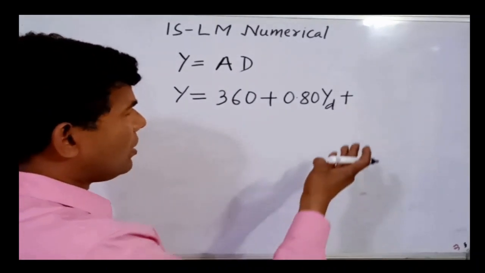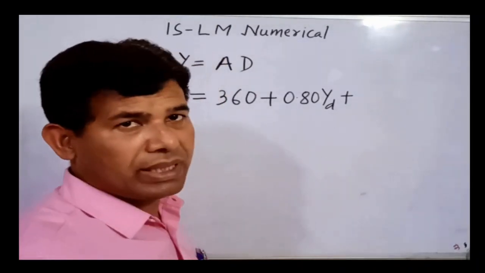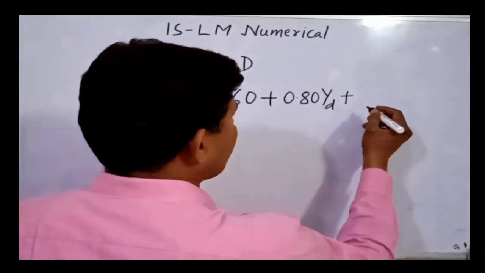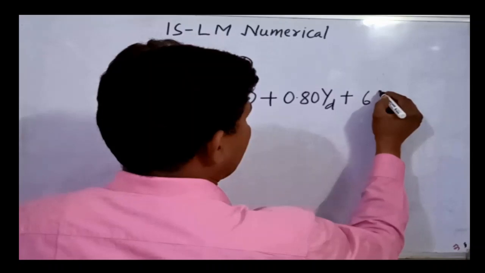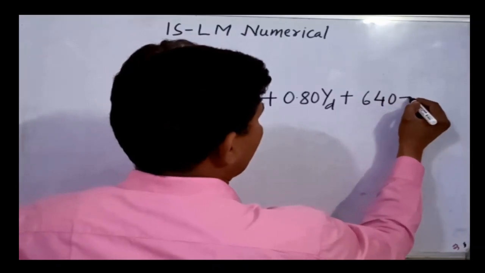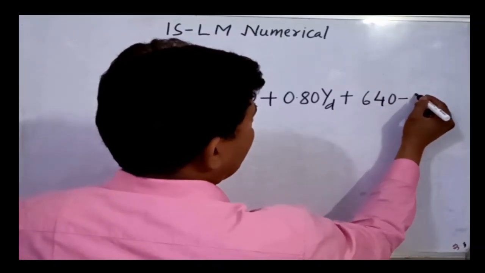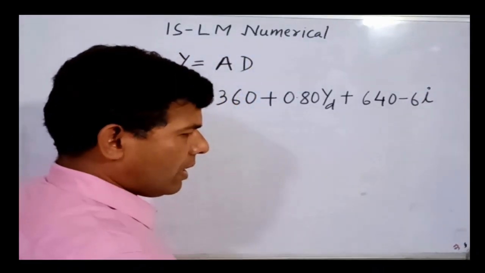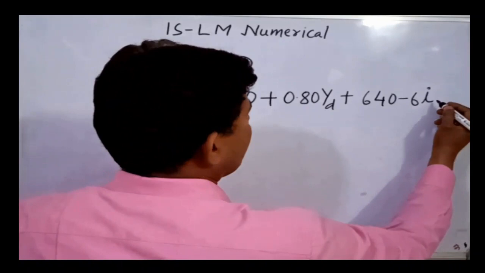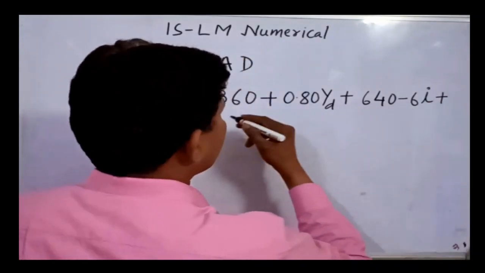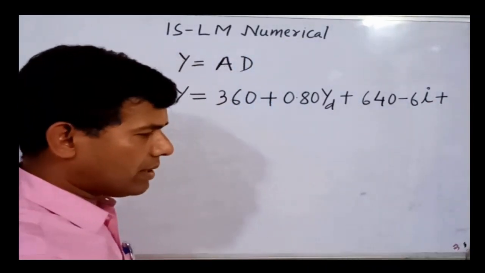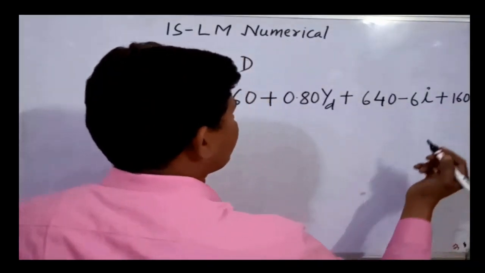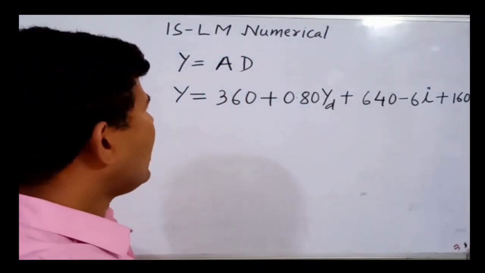Then we have to put here the value of investment, another component of aggregate demand. Investment is given by 640 - 6i, then plus the third component of aggregate demand, government expenditure, which is 160.